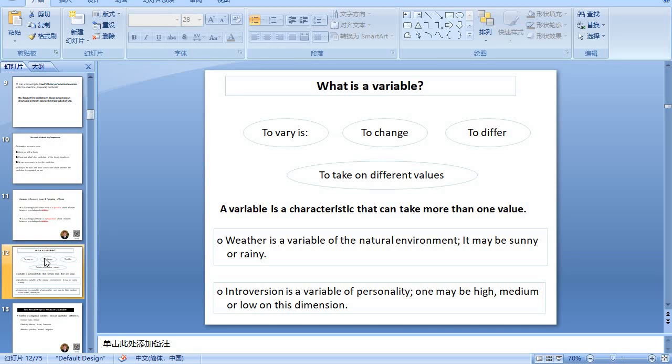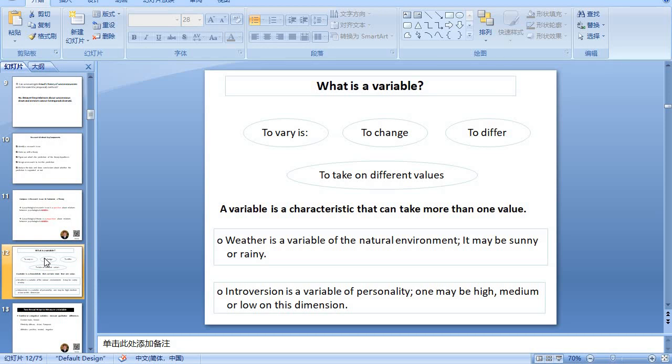Height, weight are variables. Can you think about a psychological characteristic that is a variable? People vary in introversion, extroversion. Some people are more outgoing. Some people are more introverted, are shyer, are more socially anxious. This is a variable.